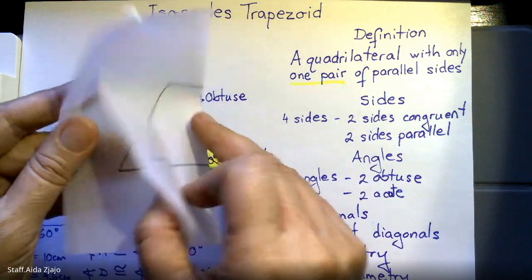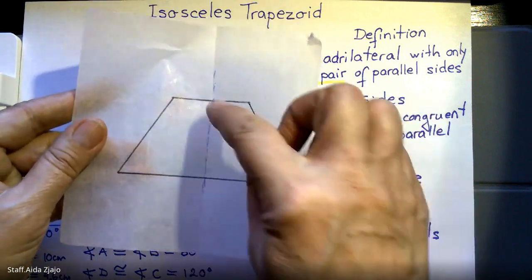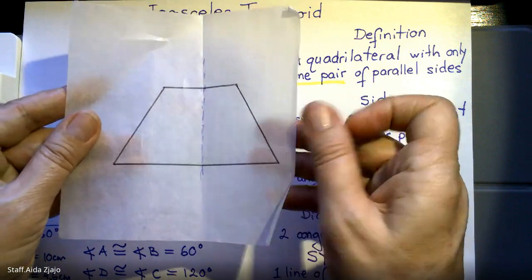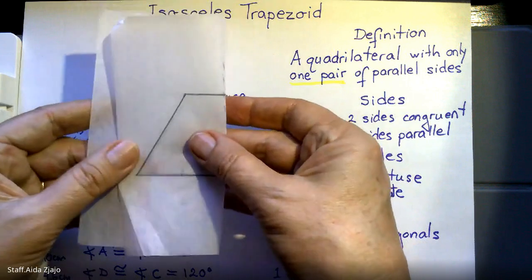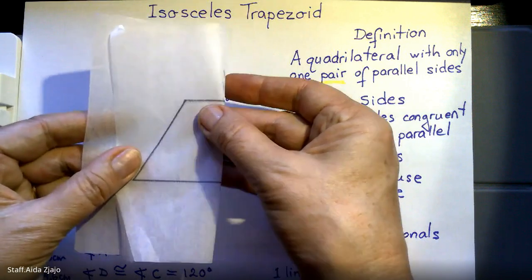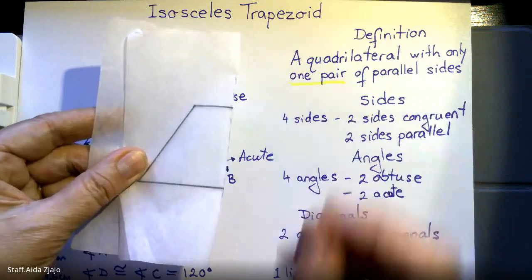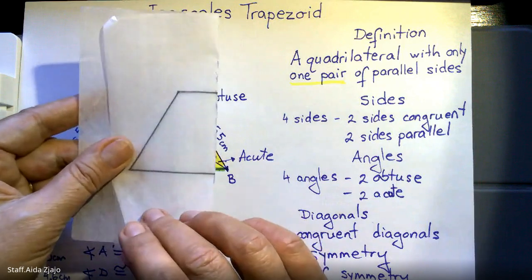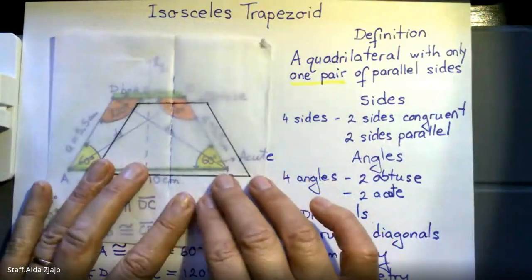So there is one line of symmetry. If I draw the line through that trapezoid and fold it, the edges will not overlap. It will be perfectly matching. So that's one way.